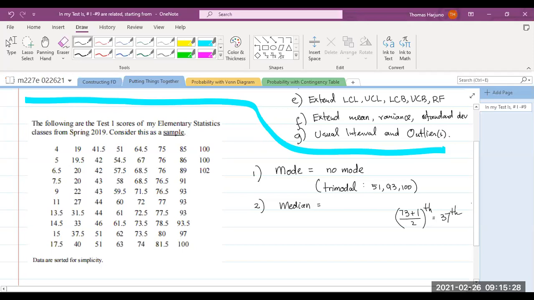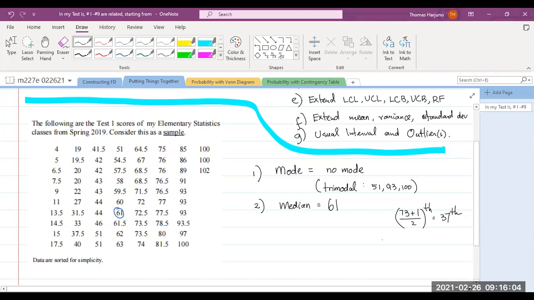Data number 37 is the median. So counting 10, 20, 30, 1, 2, 3, 4, 5, 6, 7, my median is 61.